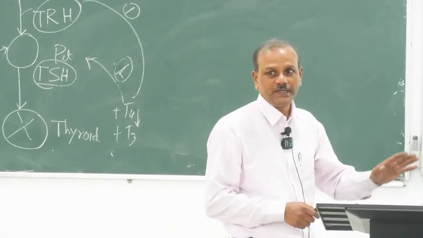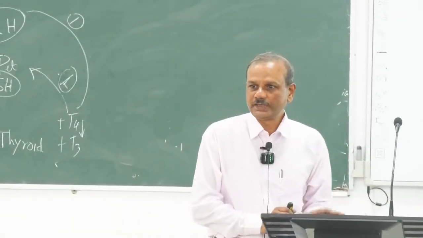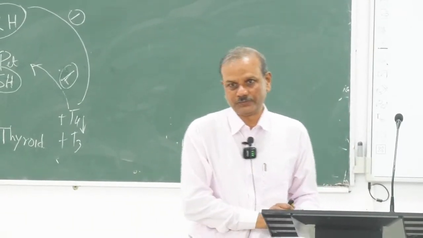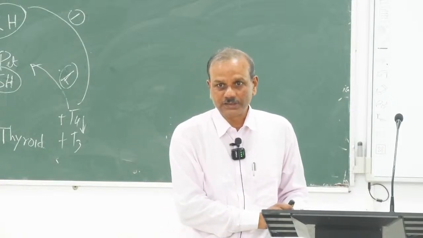So one important thing, this drug should be stored in a cool and dry place, and it should be taken on an empty stomach 30 minutes before breakfast, because otherwise there will be interference of thyroxine absorption by the food.